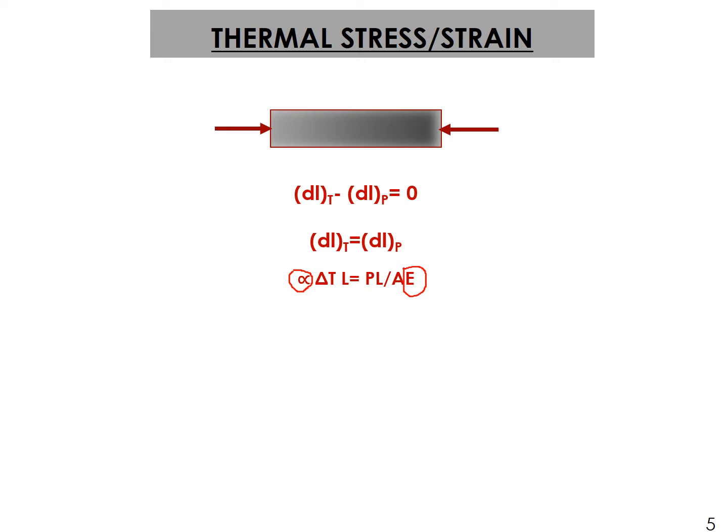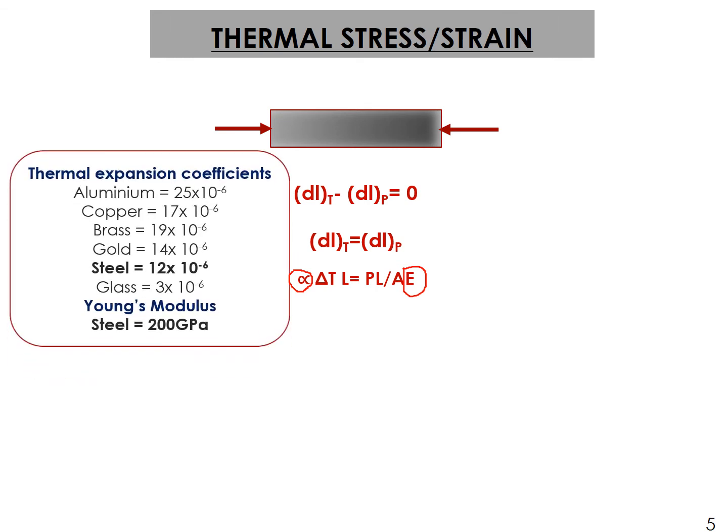These are the values of the material. Our material is steel, so these values are already available from the literature. We can take these values because researchers have done a lot of experiments and devised these values for different materials. I will just try to show you here. As an example, I have taken some materials with the values of their thermal expansion coefficients. You can see aluminium, copper, brass, gold, steel, glass.